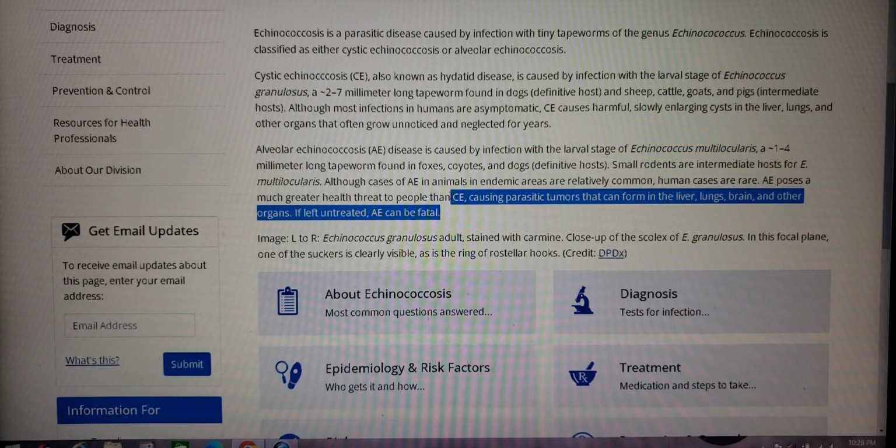And these cysts and parasites get in the liver, lungs, brain, and other organs, including the eyes. So this can cause two very dangerous diseases, all from one tapeworm. You got cystic and alveolar.